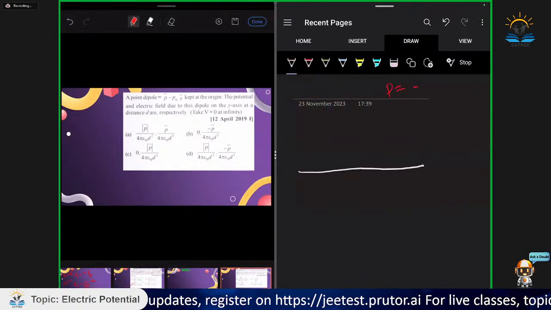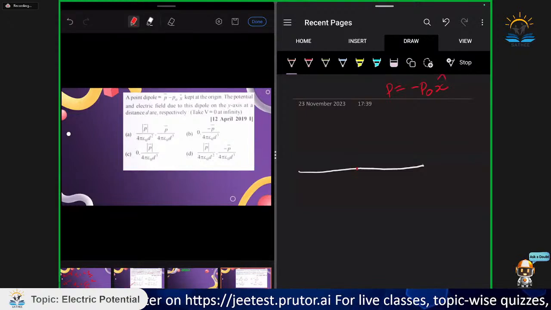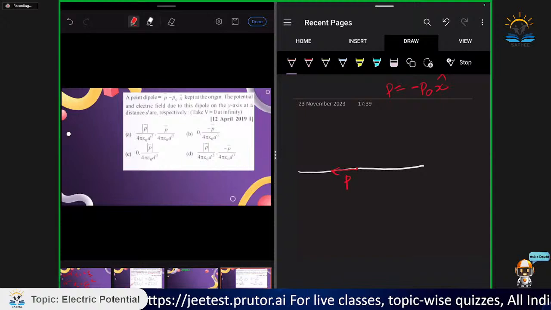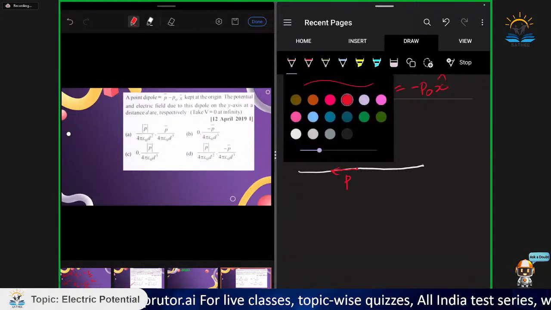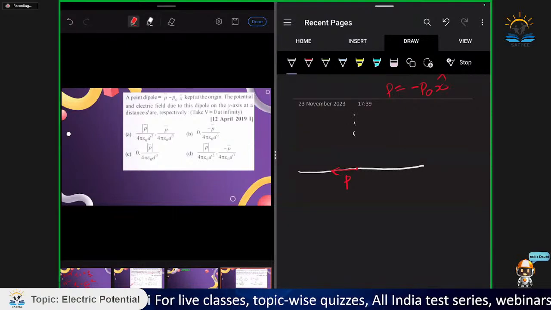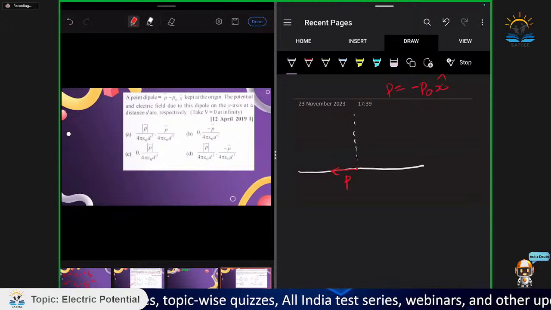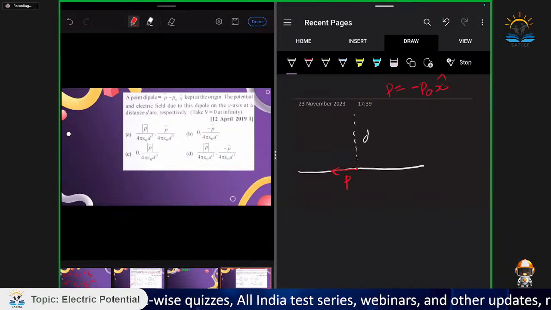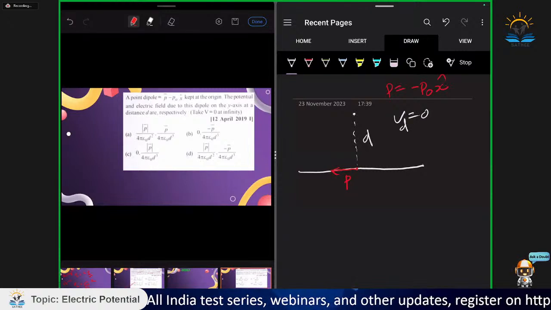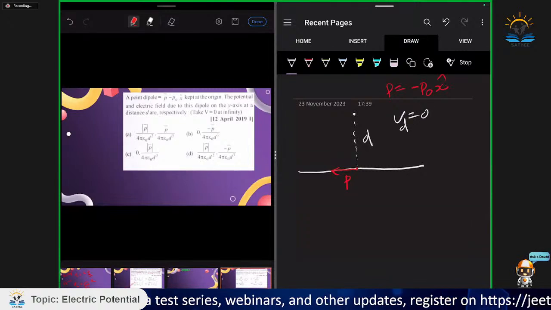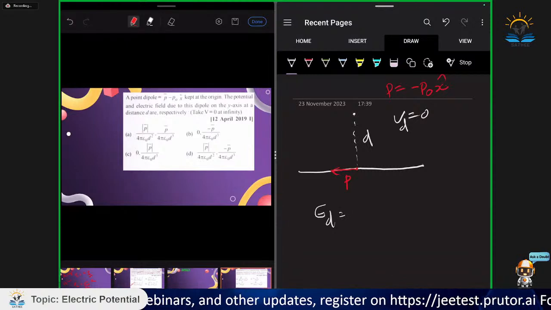So P is given as minus P0 x cap. On the y-axis at a distance d, you know that potential is 0, in the perpendicular direction.